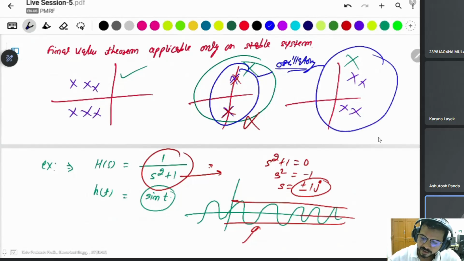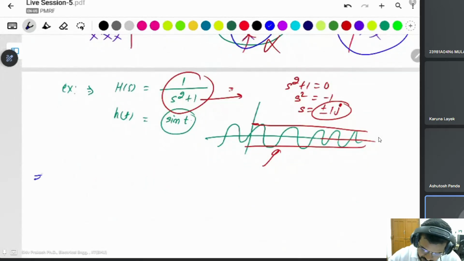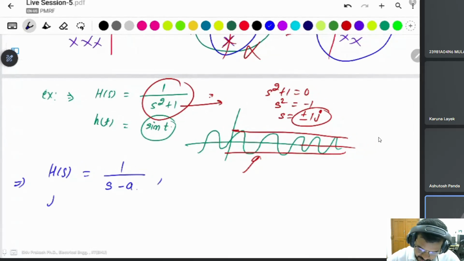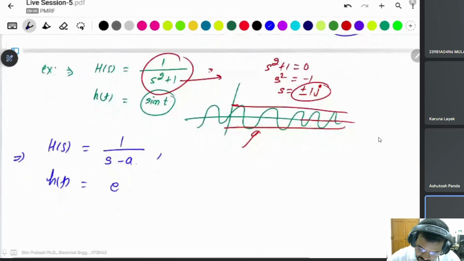Same thing in exponential form. Suppose H(s) is an unstable system, 1 divided by s minus a. You can say this will be h(t) is equal to e to the power at u(t), like that.